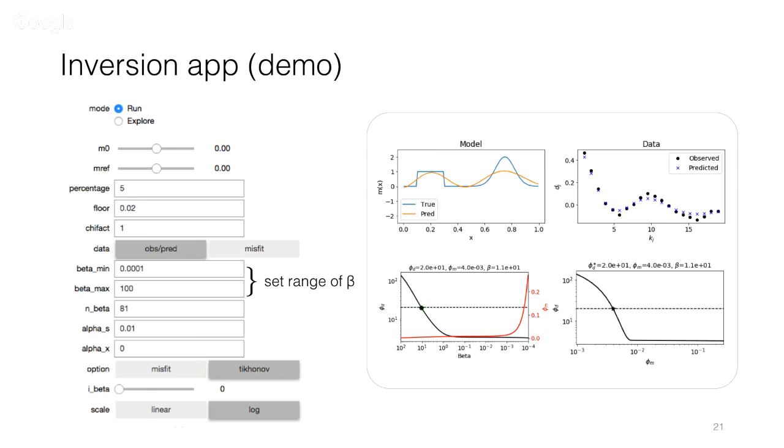So in the app, we have a couple of things that you could work with. Here is the observed and predicted data. And remember, if I had done misfit, then it would be the normalized misfit that comes up in here. And here's the expression of the data misfit as a function of beta.